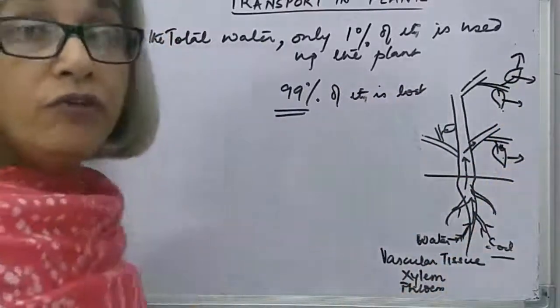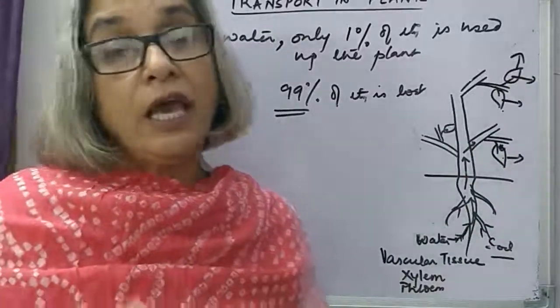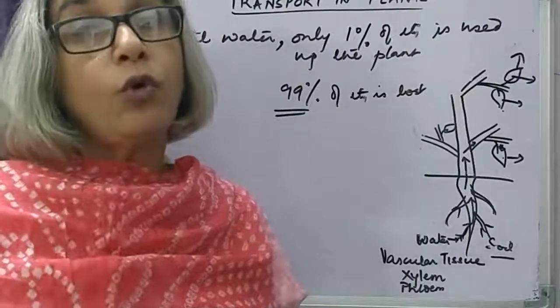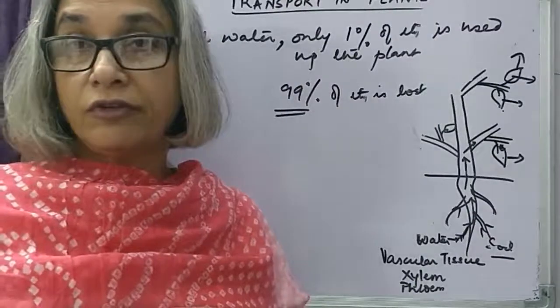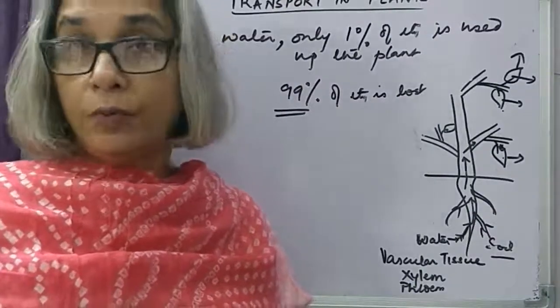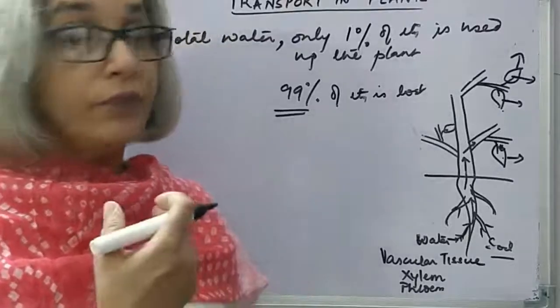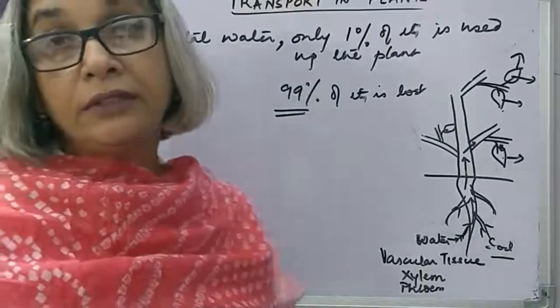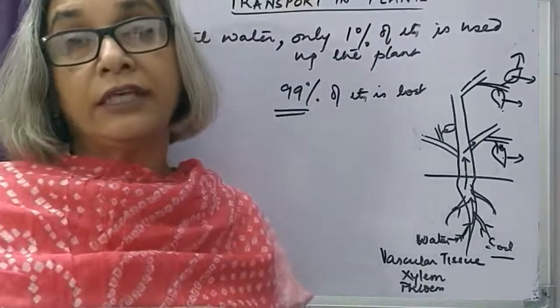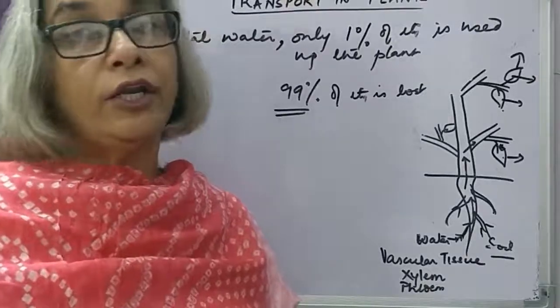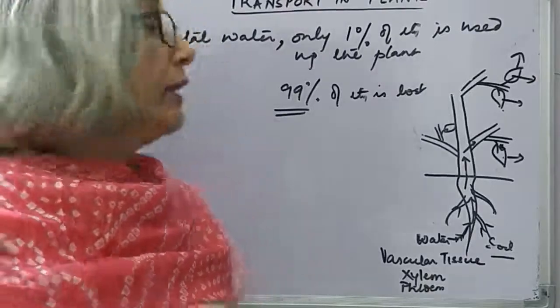The main kind of transpiration we will be studying, and you have already studied, is stomatal transpiration, that is through minute openings that are present on the surface of the leaves. Those openings are called stoma, surrounded by the guard cells. Through the epidermis, the cuticle layer that covers the epidermis, part of water is lost through the cuticle. We call it cuticular transpiration.